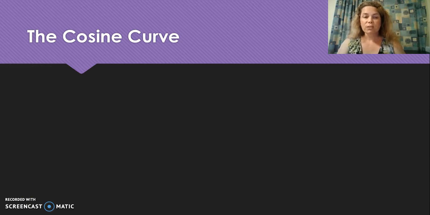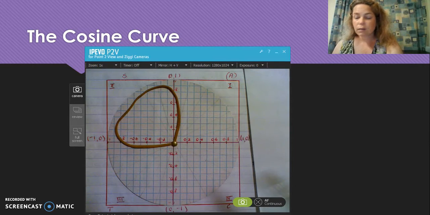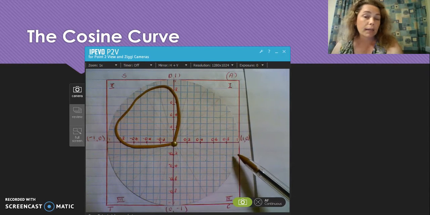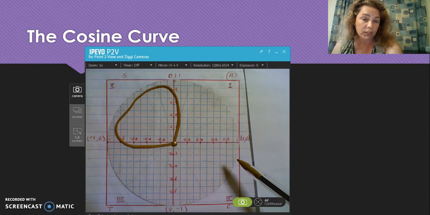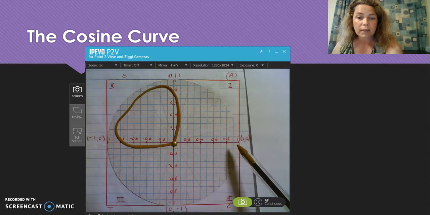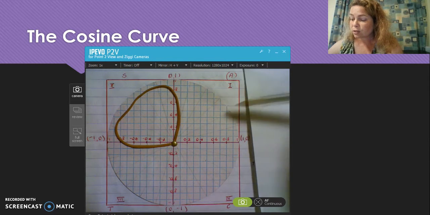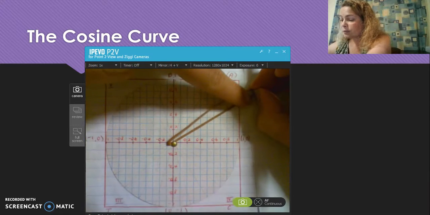So let's get our unit circle up again. Okay, so here is our unit circle again. And remember, we have discussed that at any point we can find the cosine of an angle by looking at our horizontal reading. So let's say 30 degrees, for example. So we've got 15, 30. So I bring my marker over to here.